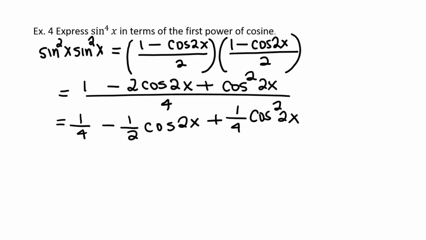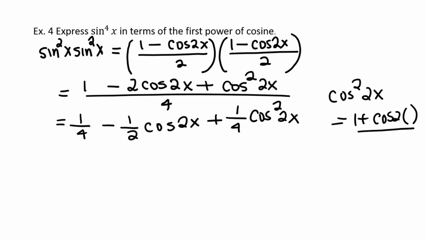Now, our only issue is the last term, the cosine squared 2x. And we're going to change this, so let's note that I can change this using the power lowering formulas and write the cosine squared 2x, I'm writing this on the side, as 1 plus cosine 2 of x over 2.